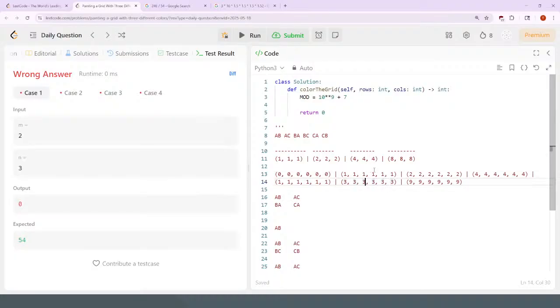And there's 2 and 2. So is it 3 times 2 plus 3 times 2? That's 12. Damn.